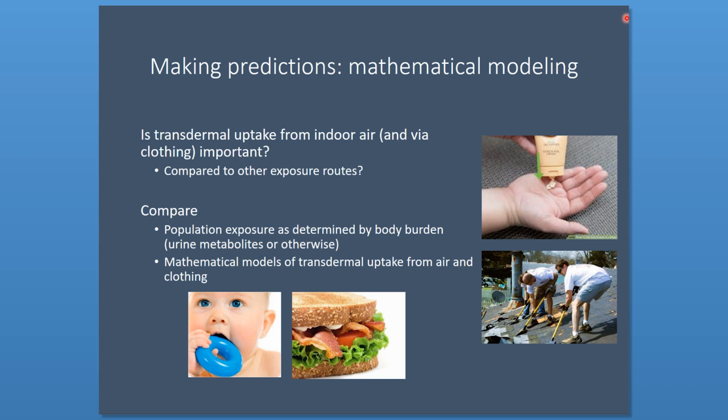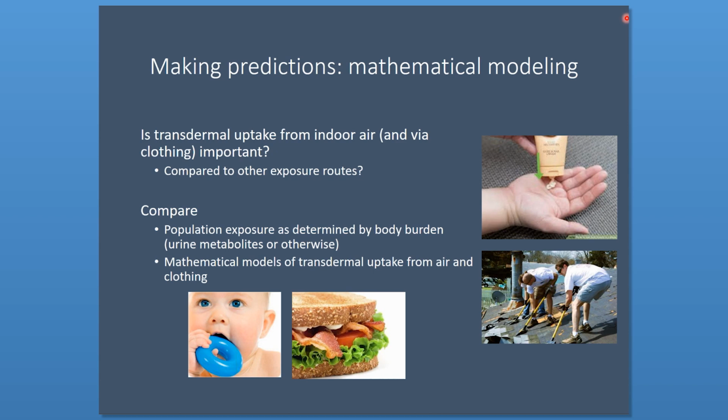We know that we are taking in a lot of chemicals of different sorts in different ways. We eat things. There's dust in our houses that we can ingest or breathe in. We drink water that can be contaminated. And you can think of occupational exposures that can occur.